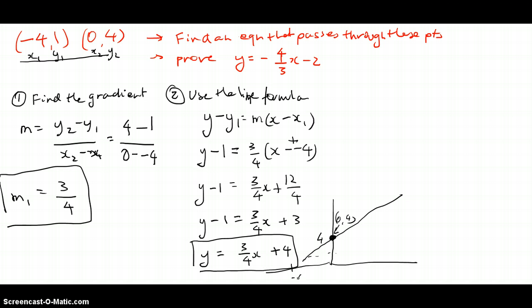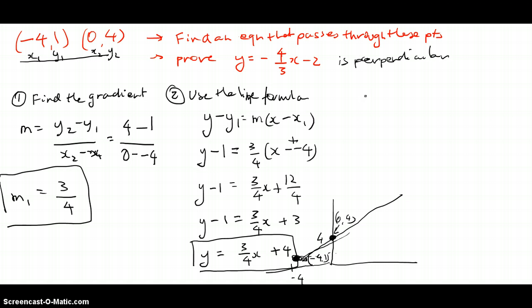So minus 4 would be here, and minus 4, 1 would be there. So you can see these 2 points, if you join them up, what you get is a straight line. From here, we just need to find this last bit, prove that this is parallel, perpendicular.